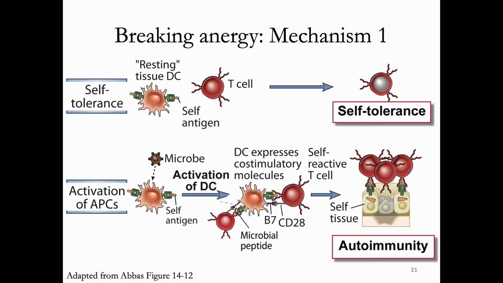However, if that antigen-presenting cell gets infected, it is going to start making B7 to co-stimulate a T cell. That antigen-presenting cell is not going to have just one MHC molecule on its surface full of peptide. It's going to have many MHC molecules full of peptide. And so you can see that some of those MHC molecules are going to be full of the pathogen peptide. See, it's brown, just like the microbe, this little brown peptide.